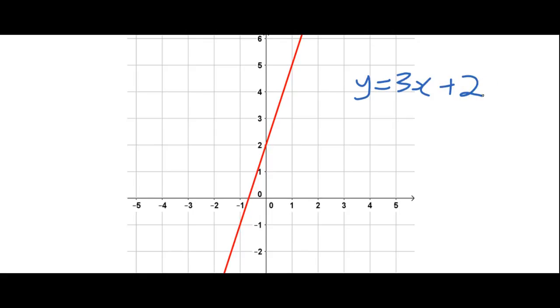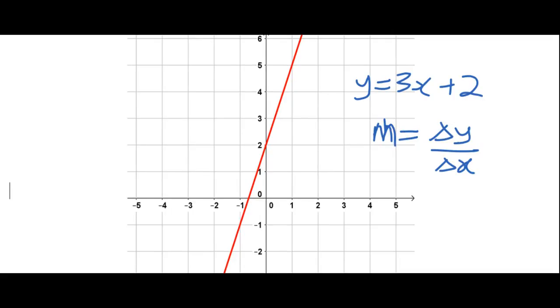Now I want to look at the gradient of this graph. We know that the gradient of a function is defined as m equals change in y on change in x. This is how we find the gradient of a linear function or a straight line.